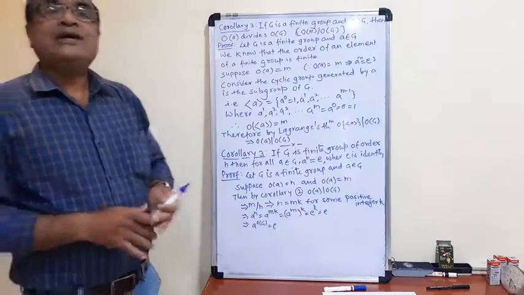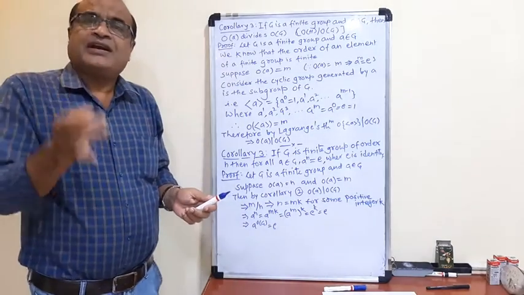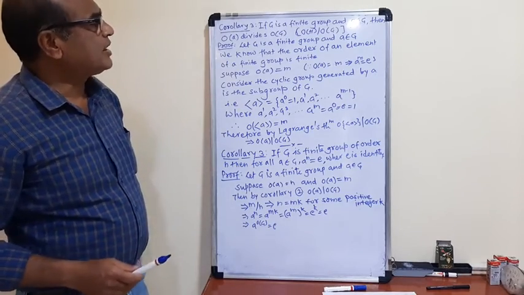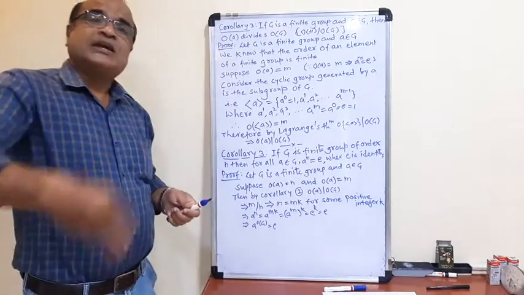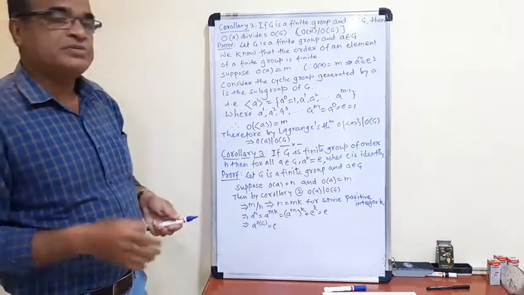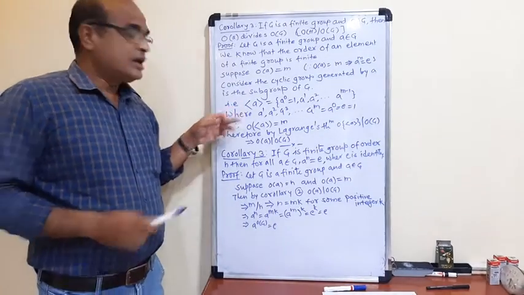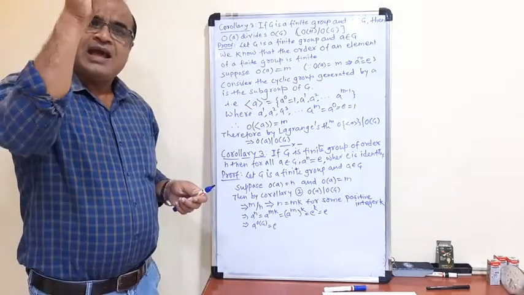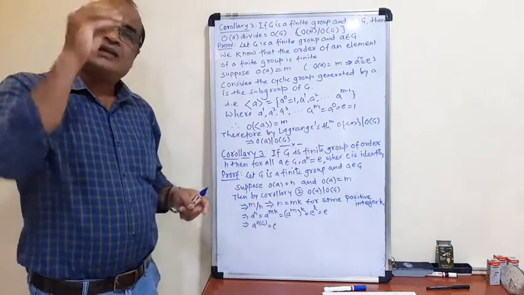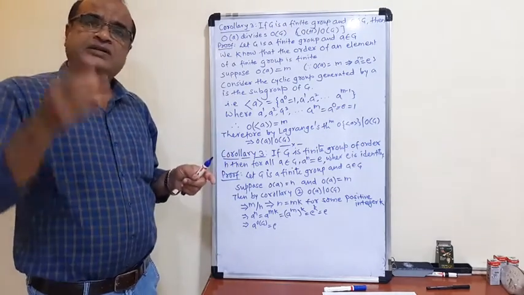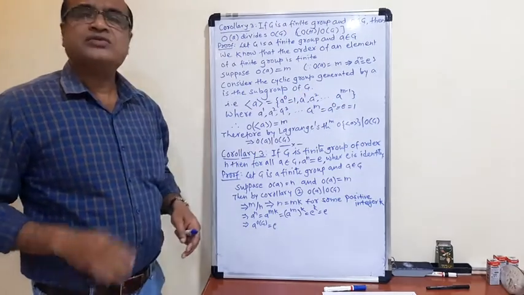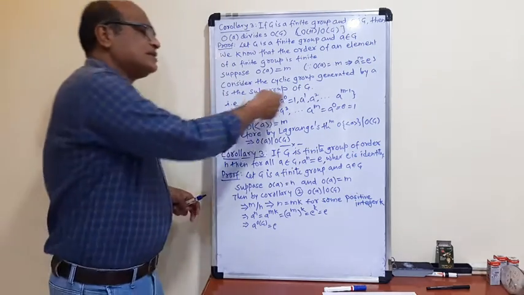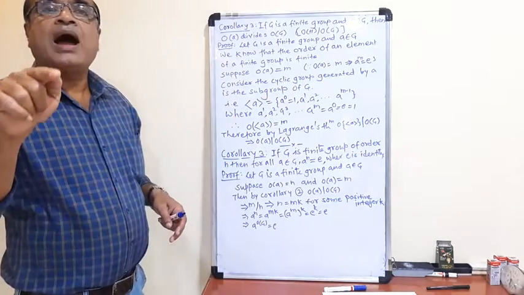Now we consider the cyclic group generated by the element a, which is a subgroup of G. What is this cyclic group? It is a raised to 0, that is 1, then a raised to 1, a squared, a cubed, and so on, up to a raised to m minus 1. This is the cyclic group generated by a.